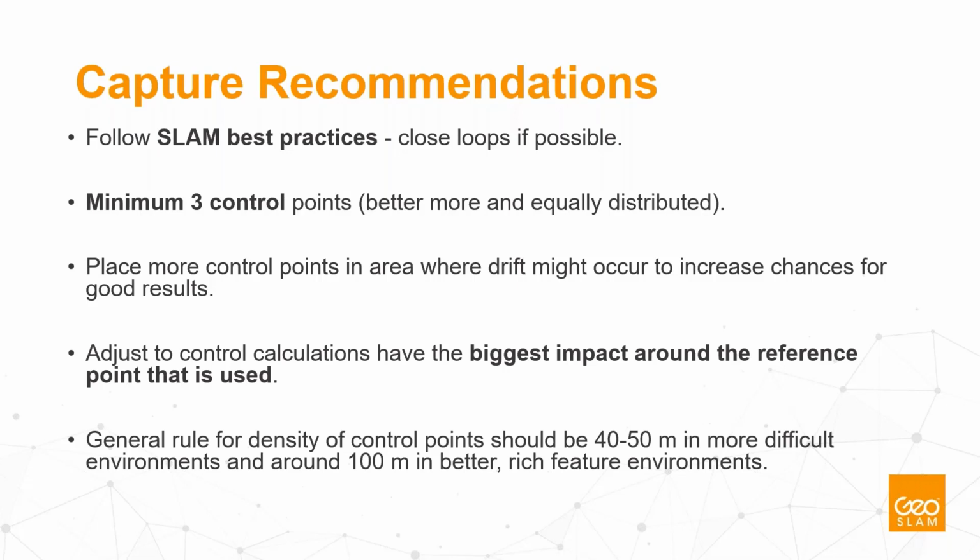We have tested a lot of data sets captured with a control point every 40 to 50 meters. That worked pretty well, and we could see good improvements. We also have captured data that had the control points placed every 100 meters, and that in a good feature-rich environment would be working fine too.